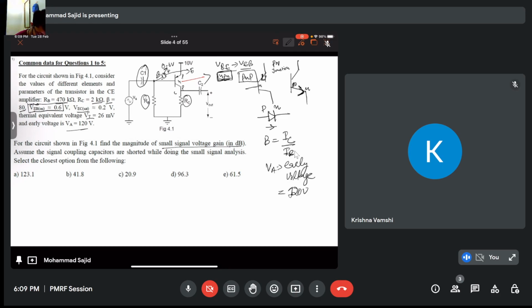Just say here. I was just saying, why do we use this capacitor? What is the purpose of this capacitor?